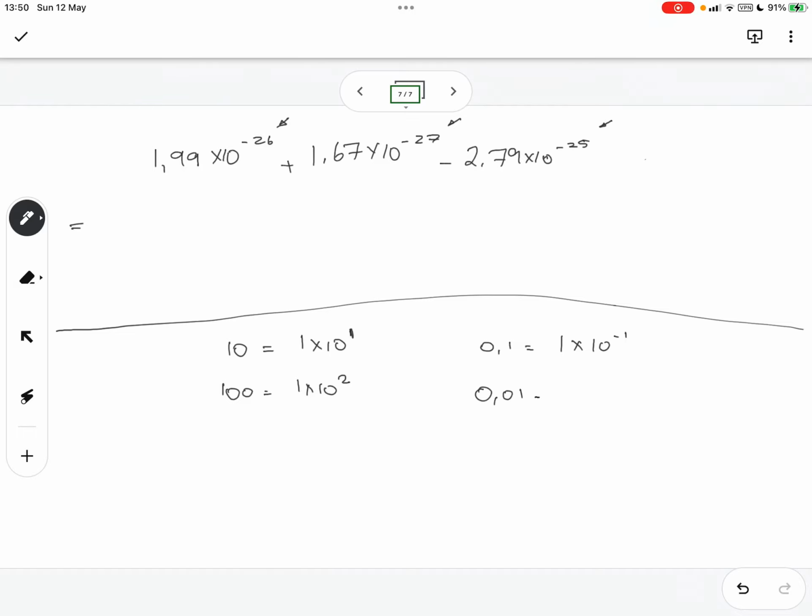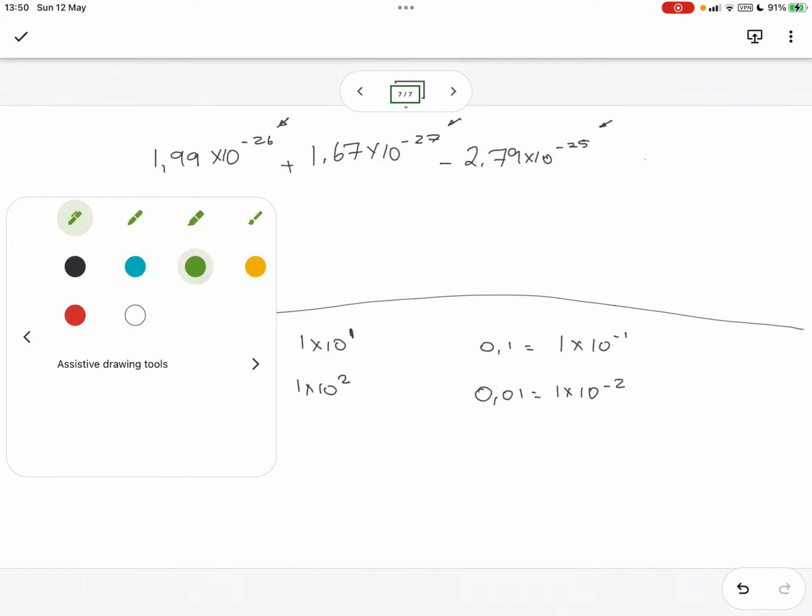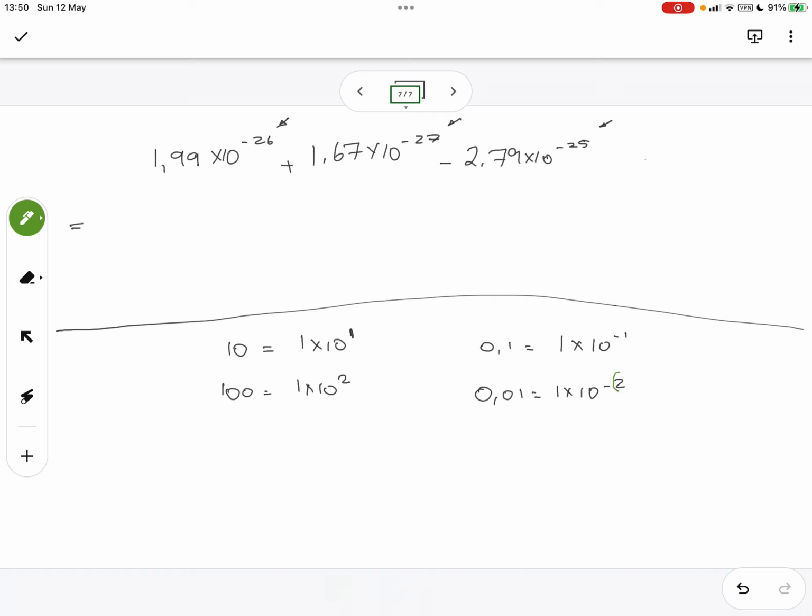If we have 0.01, it's the same as 1 times 10 to the power negative 2, because the comma shifted once, twice, in that direction.